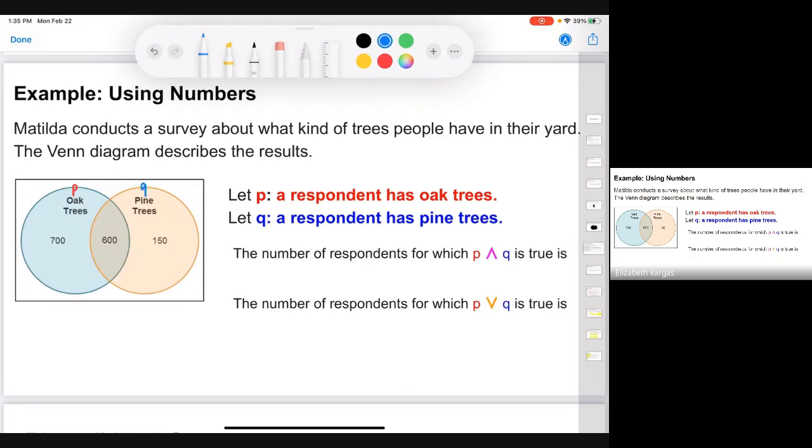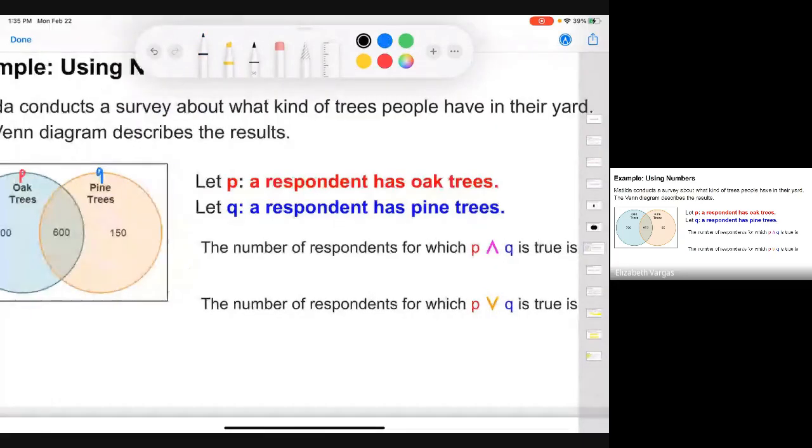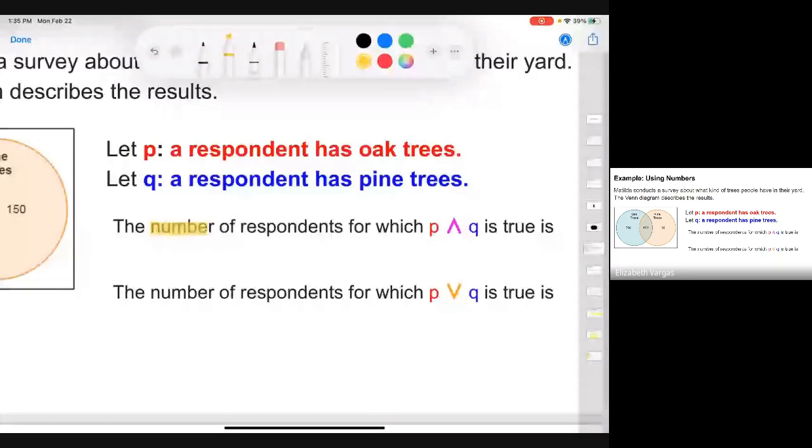What we want to do is identify the number of respondents for which the conjunction is true and the number of respondents for which the disjunction is true. This first one says, what is the number of respondents for which P and Q is true? So we have P and Q, this representing and.